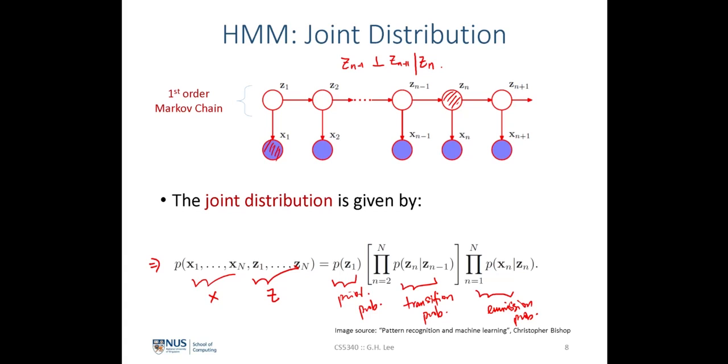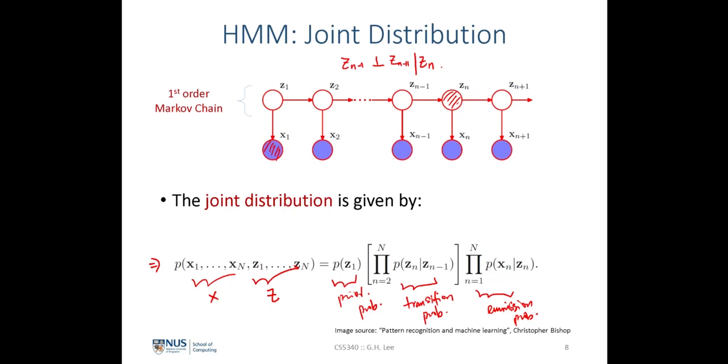This is directly a local conditional probability of X conditioned upon the associated latent random variable Z. So we will write this as Xn conditioned upon Zn, since every latent random variable has its associated observation. We'll look at the definition of each of these probability terms in the next few slides.